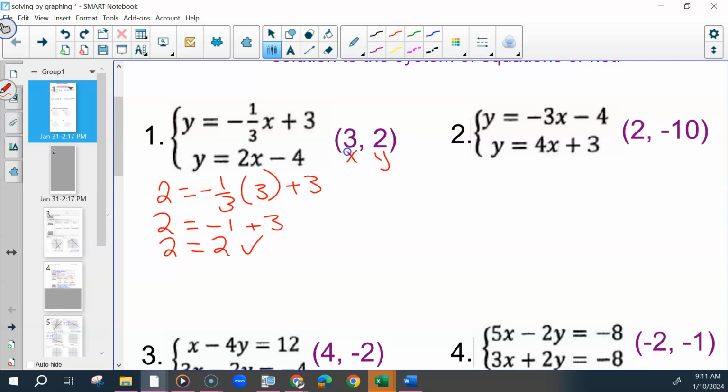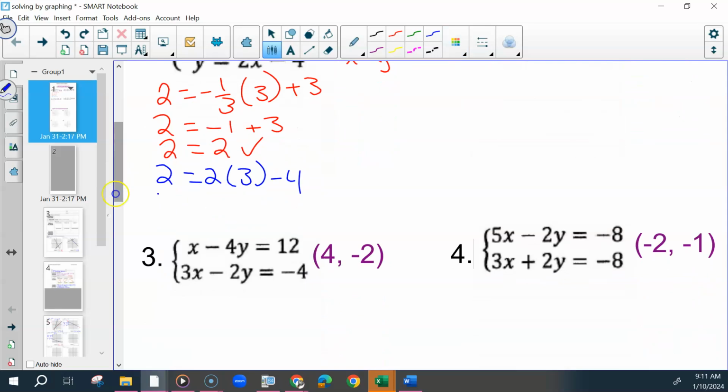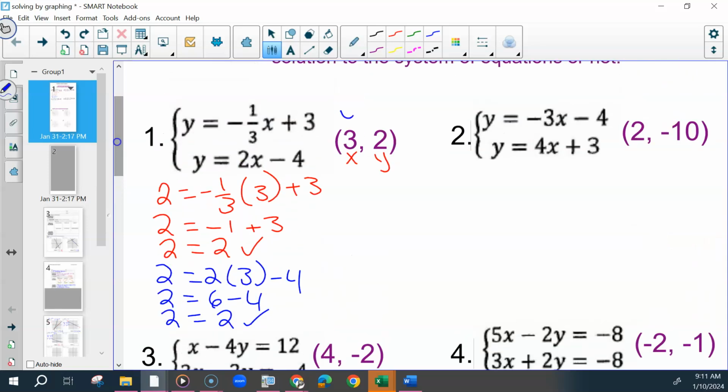So that works. Then we can test the other one. 2 equals 2 times 3 minus 4. We know 2 times 3 is 6. 6 minus 4 would give us 2. So it also works. It works for both, so I can say this is the solution.